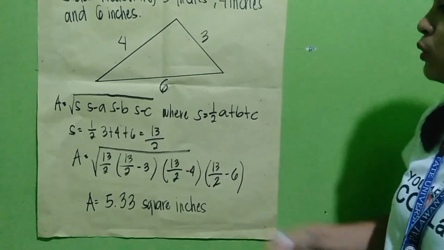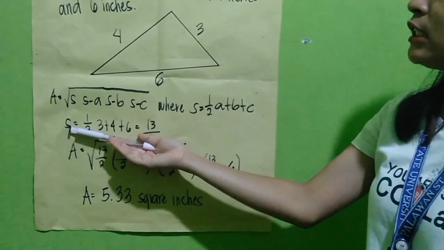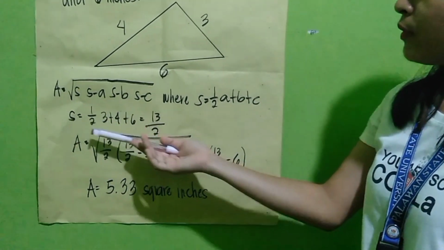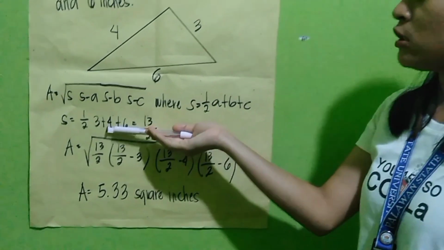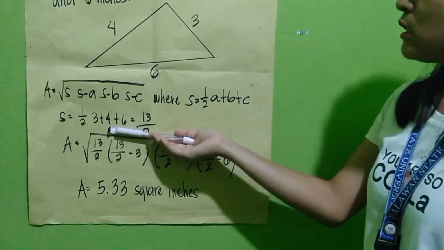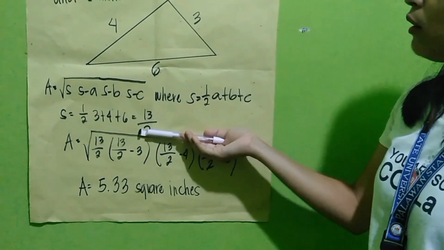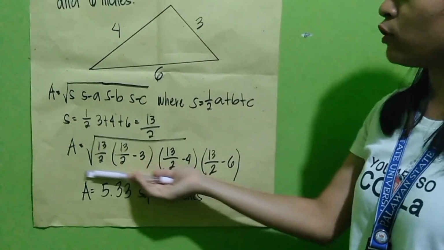So, let's substitute the a, b, and c. So, s equals 1/2 (3, or the a, plus the b, which is 4, and the c, which is 6) equals 13 over 2. Then apply Heron's formula.